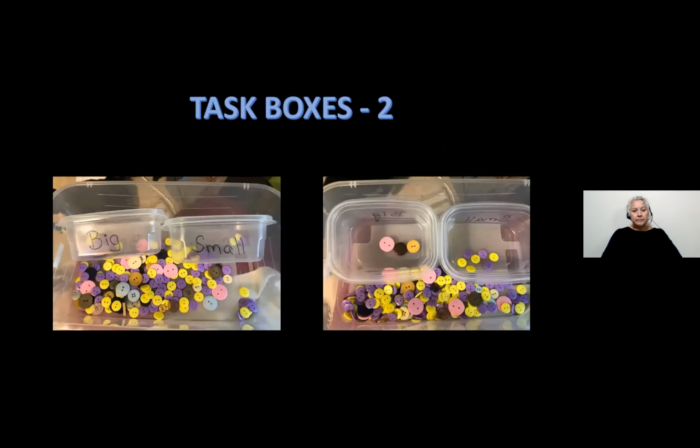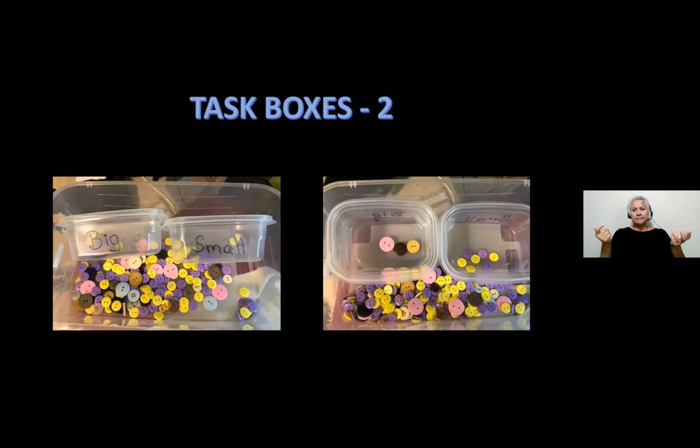And here is the way I utilize this box. I have buttons of different sizes. And within that box, I have some containers, one labeled big, one labeled small. Those smaller containers I get at the Dollar Tree, and they're 3 for $1. So you can easily modify a task box like this with having 3 containers, small, medium, large.